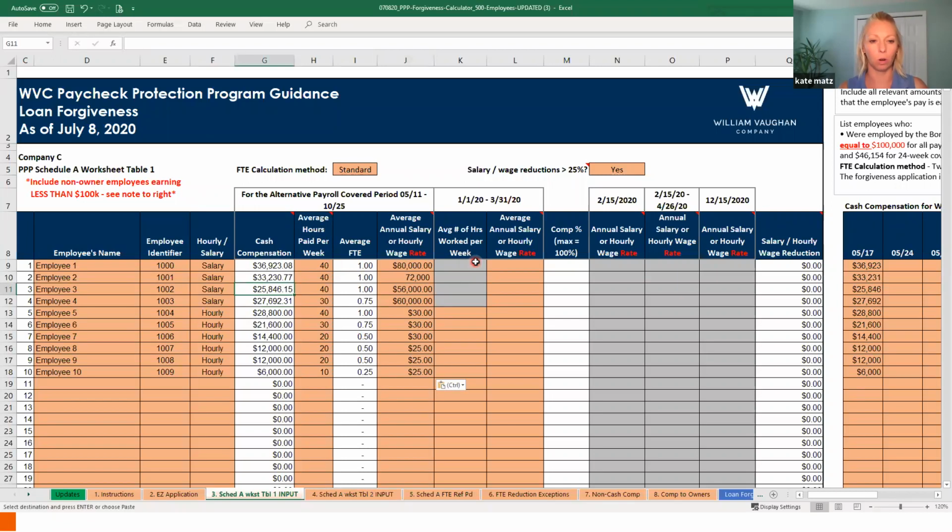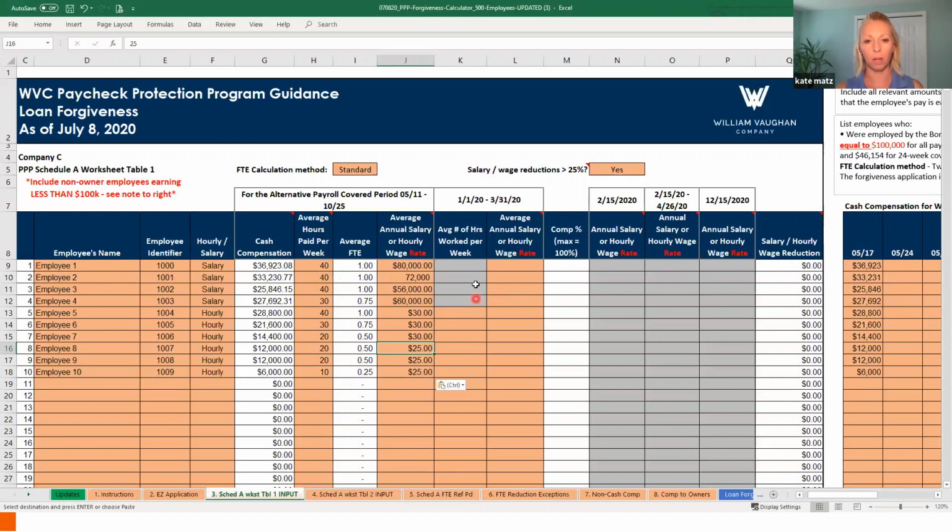And as you look over here, you can see the cash compensation obviously is less. That's different because this is the amount that was actually paid or incurred during that 24-week period. For the hourly folks, this is the hourly rate that was in effect for the time period. So we've got 3 that were at $30 an hour and 3 that are at $25 an hour.